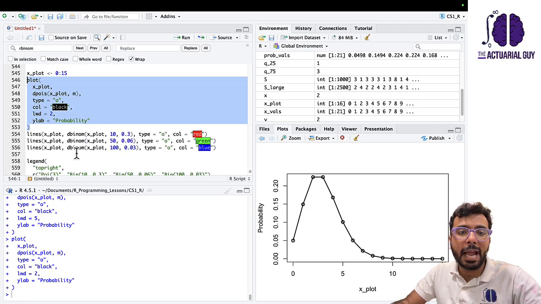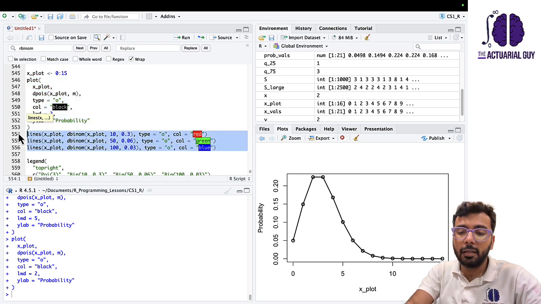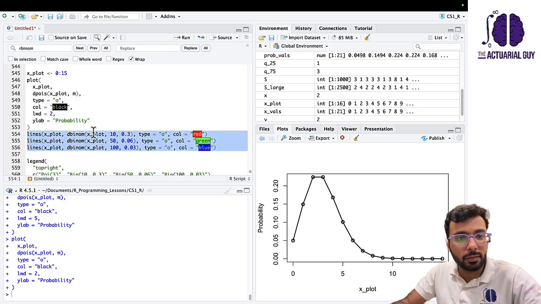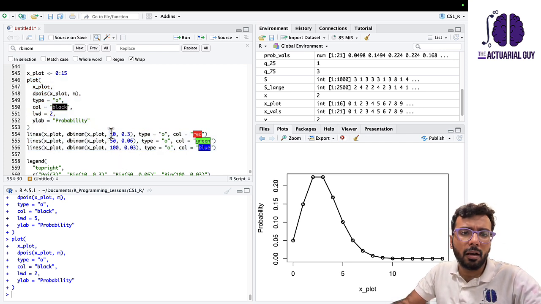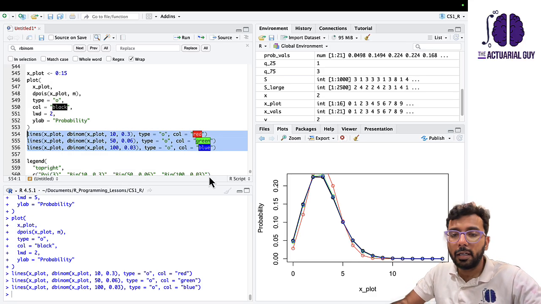Now to this I want to add binomial 10, 0.3, 50, 0.06, and 100, 0.03 lines, using the dbinom function for very similar values. Of course, you can't get more than 10 successes in a binomial distribution with n as 10. So we'll see how that comes out.